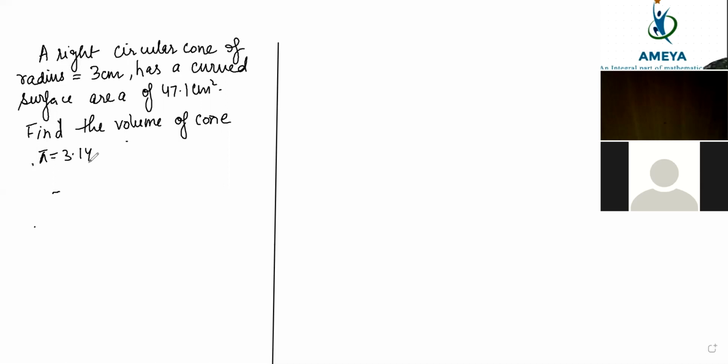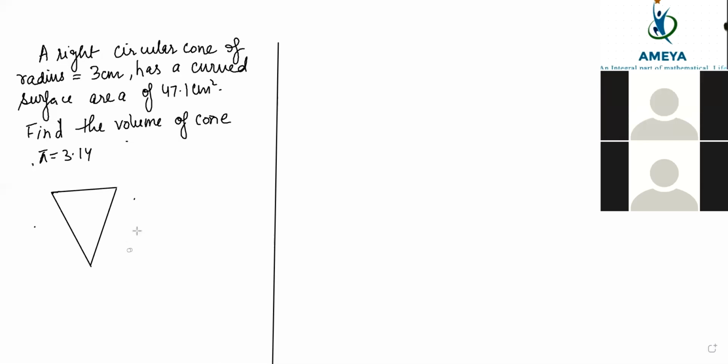What is exactly given to you is a right circular cone. Now this right circular cone is having radius 3 centimeter.